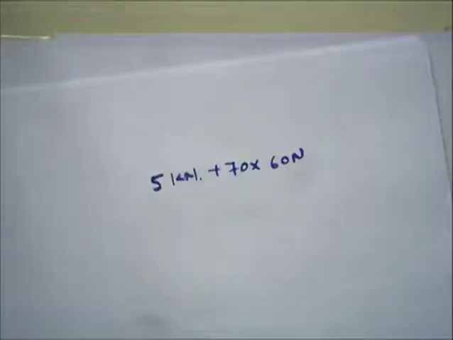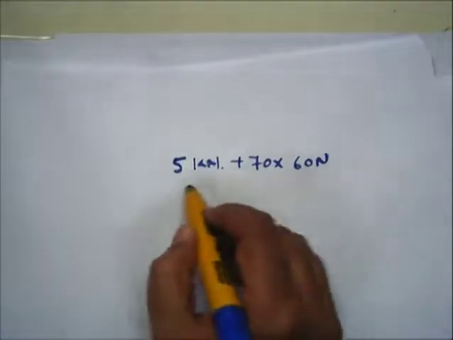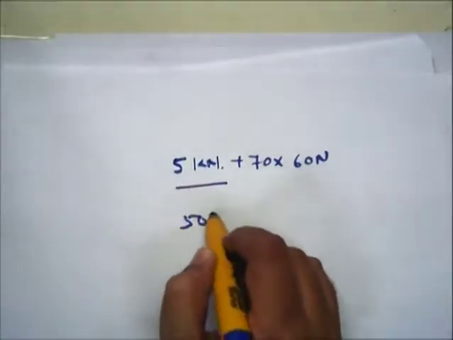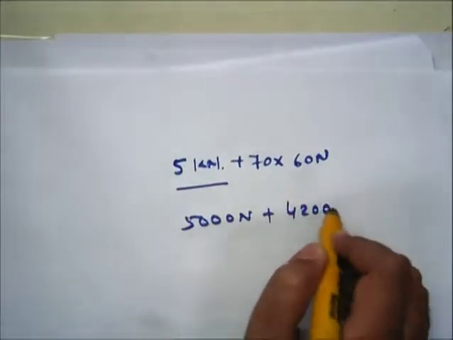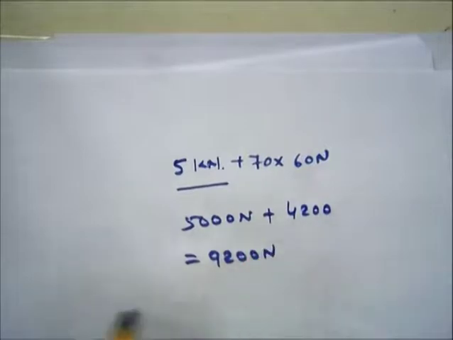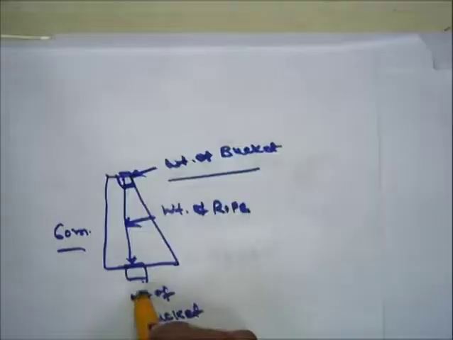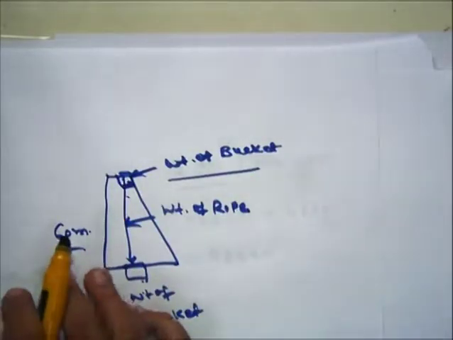So total 5000 Newton plus 4200 Newton, that is 9200 Newton at the bottom, because we have to consider entire length of the rope.